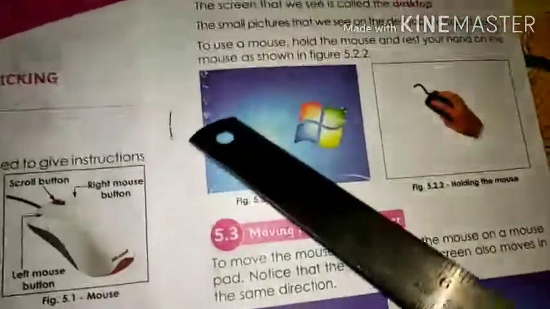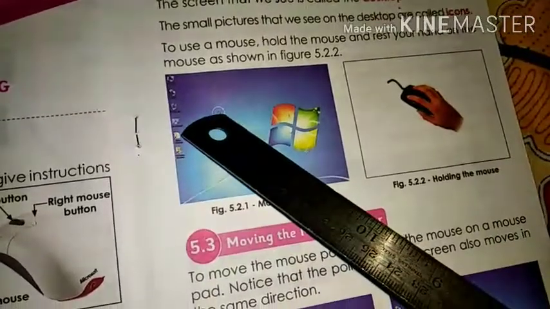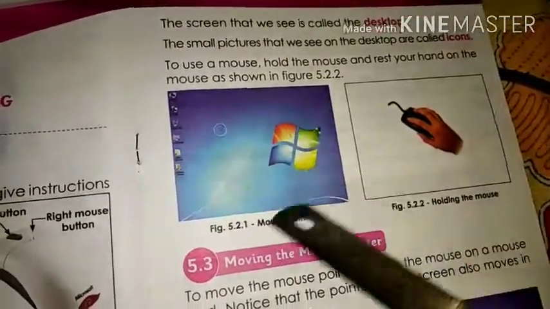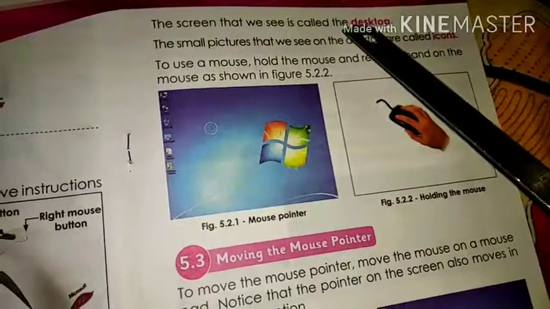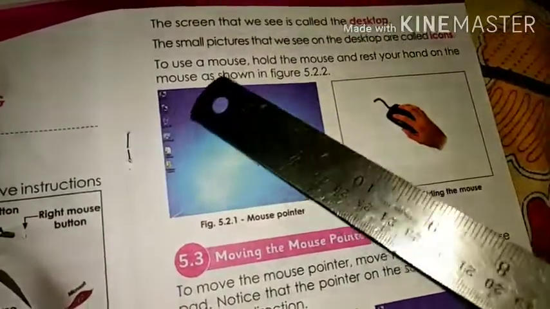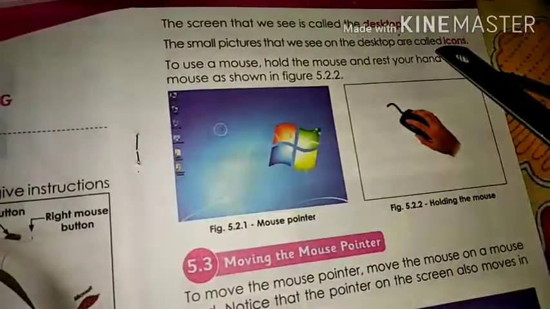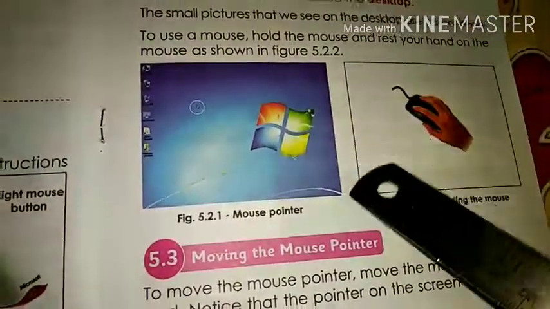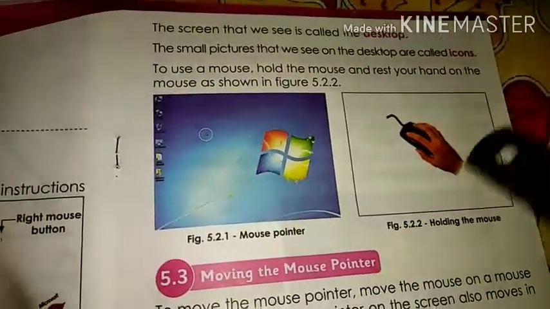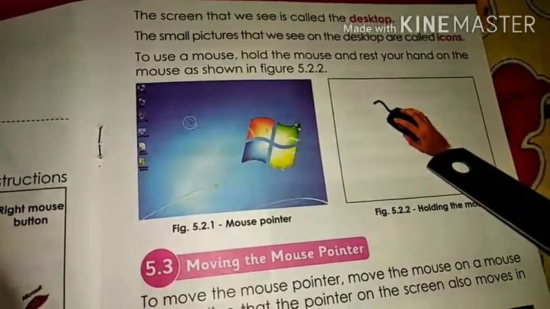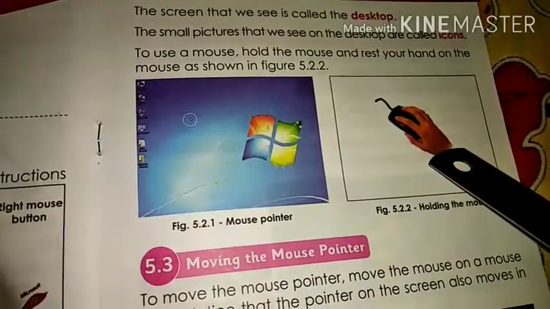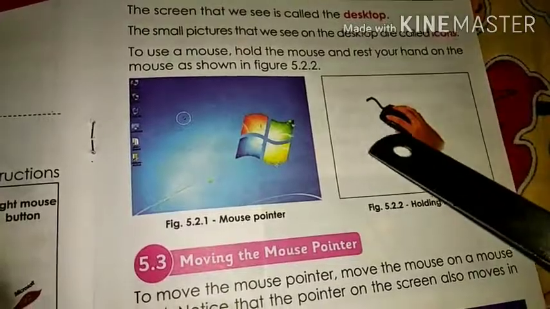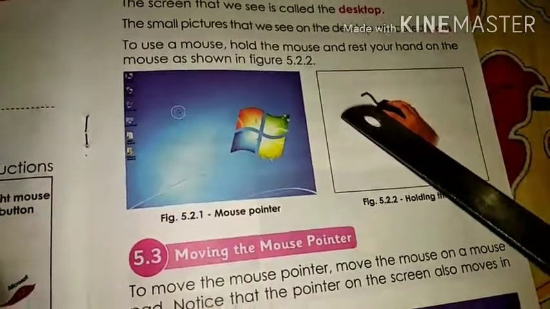The arrow which is there on the screen is called the mouse pointer. This blue color screen is called the desktop, and these small pictures are called icons. For using a mouse, you need to grasp the mouse properly. To hold the mouse properly, your index finger should be on the left button.